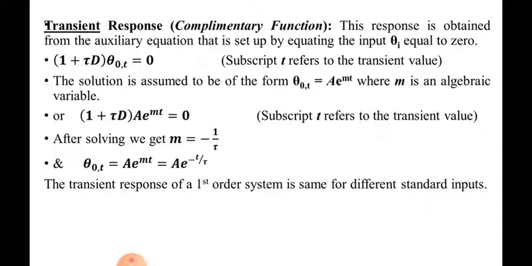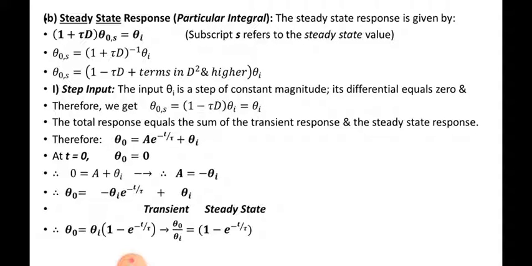All these relations you have studied in differential equations using generalized variables. Then the steady state response, the particular integral. The steady state response is given by (1 plus tau D) theta 0,s equal to theta I, where the subscript s refers to the steady state value.